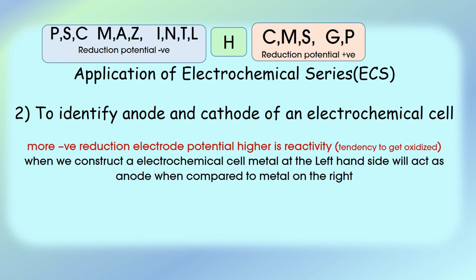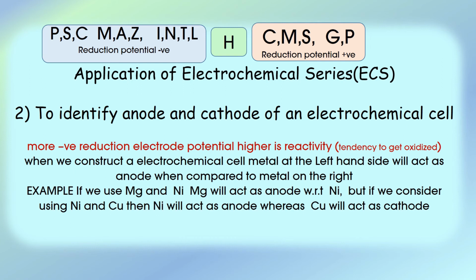Now, when we construct an electrochemical cell, the metal at the left hand side will act as anode with respect to the metal that is placed on the right hand side. For example, if we use magnesium and nickel in an electrochemical cell, the magnesium will act as anode with respect to nickel.